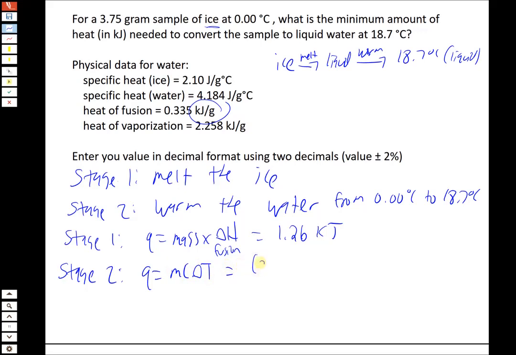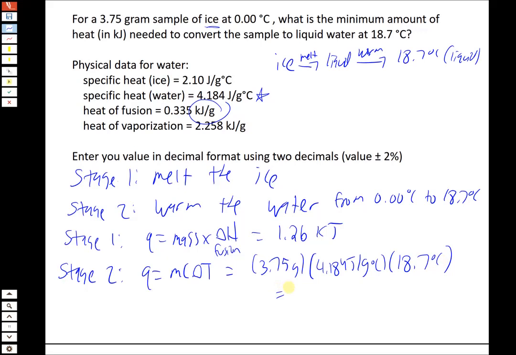All right, so it's still 3.75 grams. But this time we need to use the specific heat for water because we're at liquid water now after we've melted it. So we're going to use the more familiar 4.184 value. And then delta T is going to be 18.7 degrees as final temperature, 0 degrees as initial, so delta T would be positive 18.7 degrees Celsius.